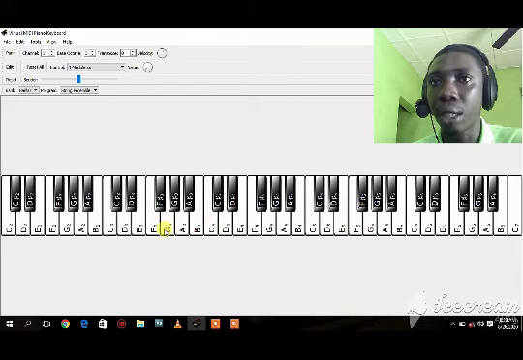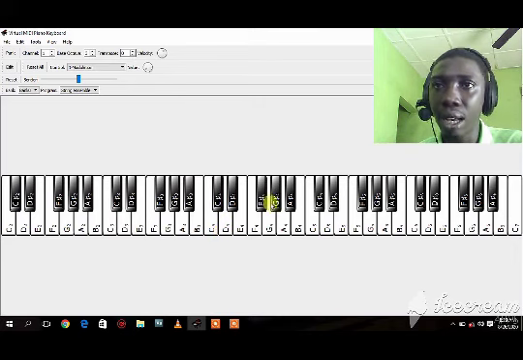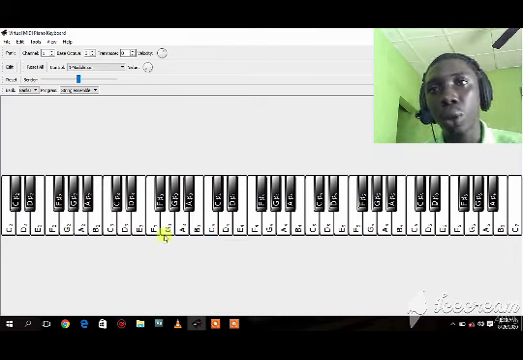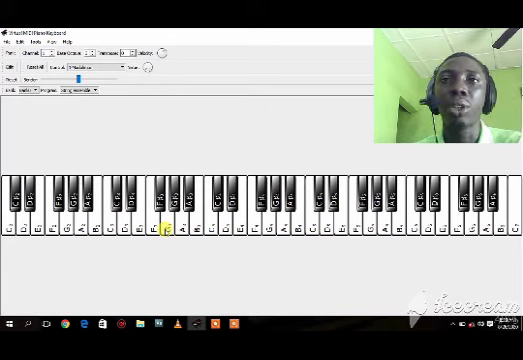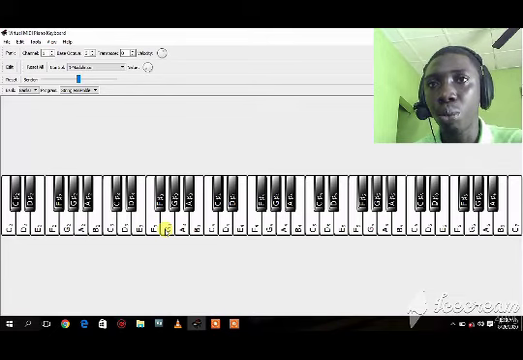Automatically that falls here on G. So your G major scale is your C Lydian scale, because you have Do, Re, Mi, Fa, Sol, La, Ti. So your G major scale is the same as your C Lydian scale. We'll get to the practicality. Now let's move on to the next.